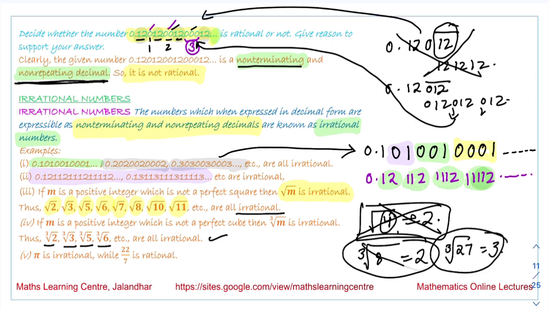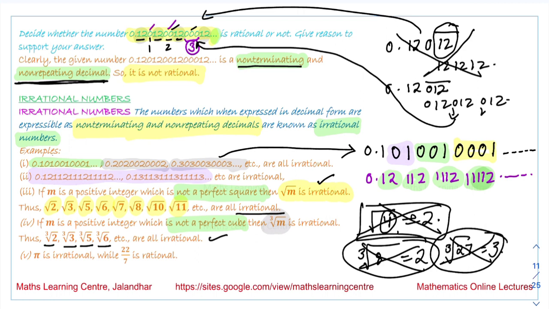So we are not saying that all the square roots are irrational. For square roots, we are saying if m is a positive integer which is not a perfect square, then square root of m is irrational. Similarly, if m is a positive integer which is not a perfect cube, then cube root of m is irrational.